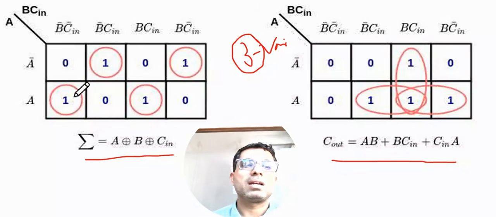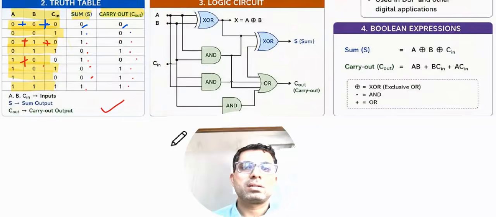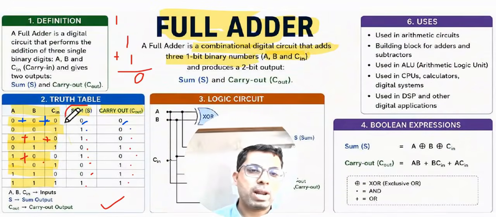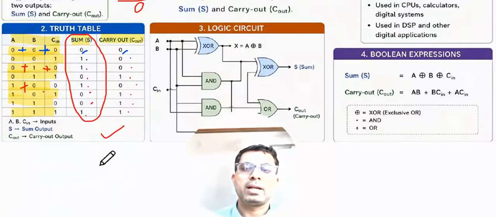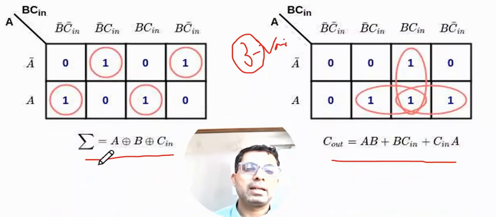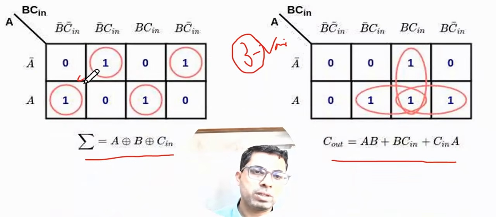So I will need a 3 variable K-map, right? The layout is something like this: A bar, A, and B bar C in bar, B bar C in, B C in and B C in bar, right? Because these are the 3 inputs. Now, just consider the sum column. Whatever values are there, 0, 1, 1, 0, 1, 0, 0, 1, you have to put them here, but in a particular order. Student, 0, 1, 2, 3, why is it so?